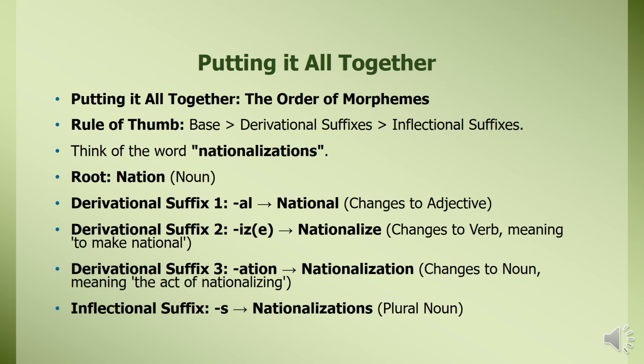So you see, in nationalizations, we have nation, nationalize, nationalization, a verb converted to a noun, then adding an S, and the S is the inflection. So the root is nation. The derivational suffix al changes it to an adjective, national, then ize changes it to a verb, nationalize, and then ation changes it to a noun again, nationalization, and then finally adding an S. As you see, the S occurs at the edge of the word.